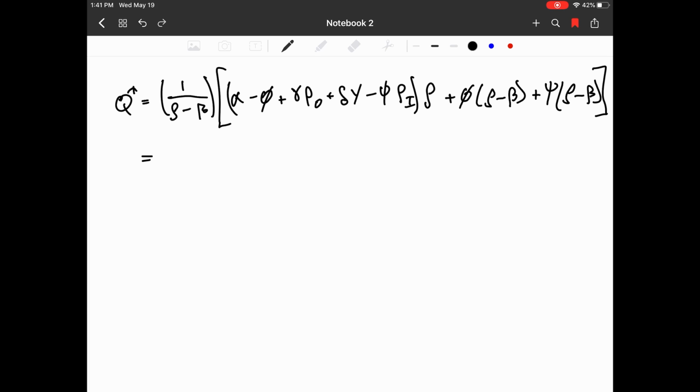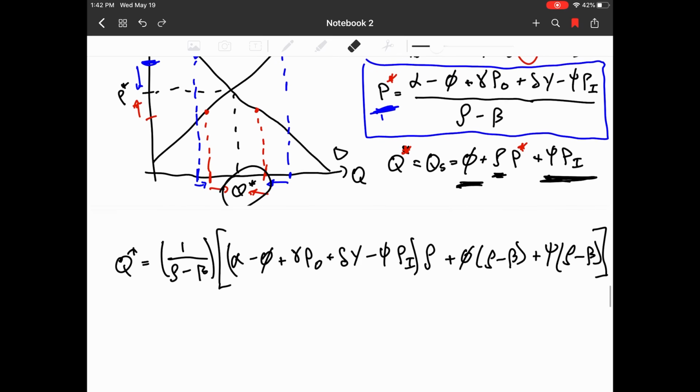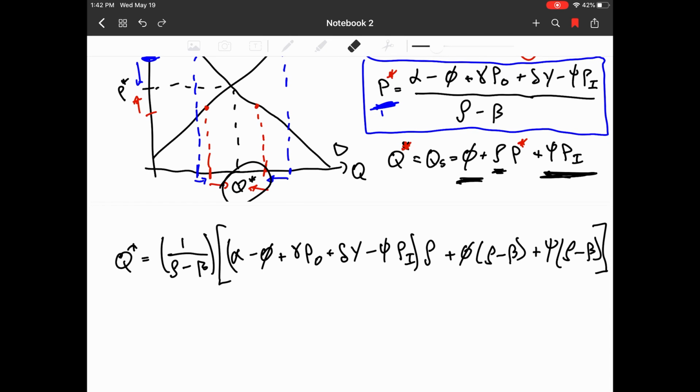The simpler way, because we know some of the parameter values, to work through this problem is, before substituting price into our supply curve, we can actually solve for price using our parameter values.